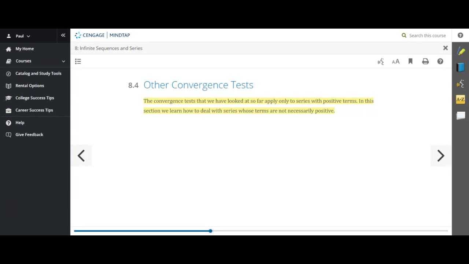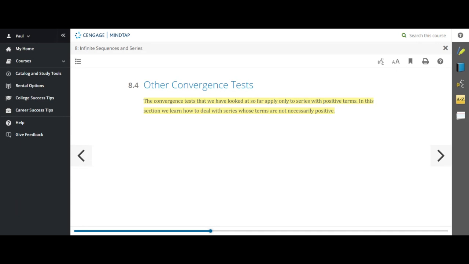Those tests in section 8.3 are for series where all the terms are positive.